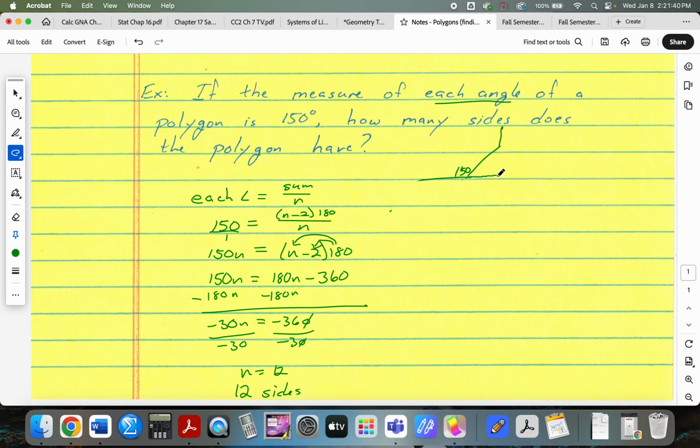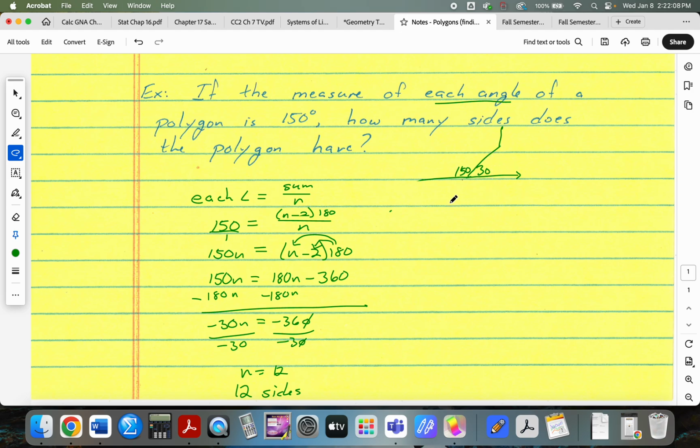If I draw this out like this is now the exterior angle. What kind of angles are these two angles? Going back to something we've gone back to about 7 or 8 times now. Linear. Yeah, a linear what? Pair. Linear pair. So this is 30. So the exterior angle is 30.